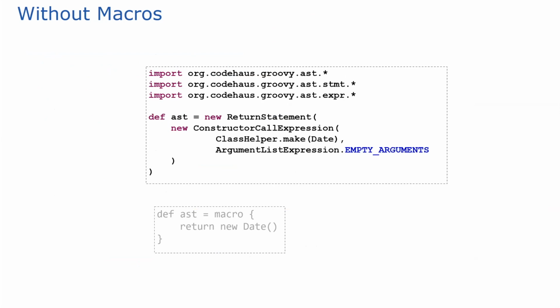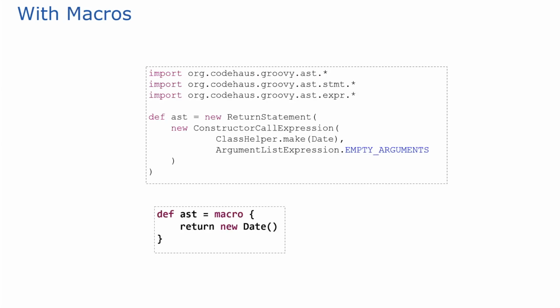So these are data types that the compiler knows about: method nodes, class nodes, constructor call expressions, and so on. If you are writing an AST transform, you need to know about this. Using them, you don't need to know it, but to write one, you used to need to know it. Now, with the macros, you don't need to know all that. You just go macro, return a new date, and that'll actually generate all the stuff you see up at the top of the slide automatically for you.